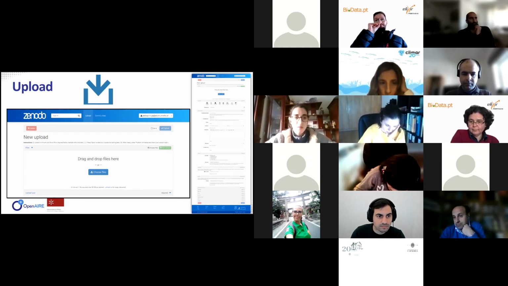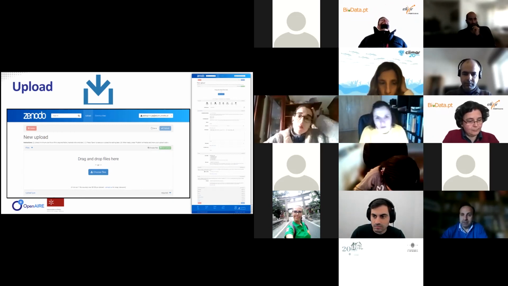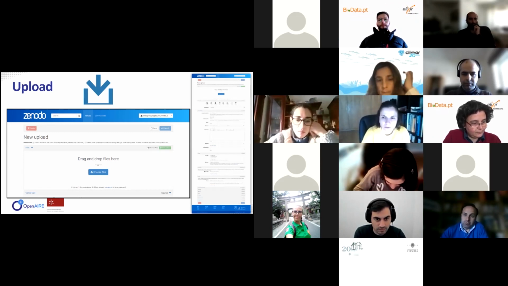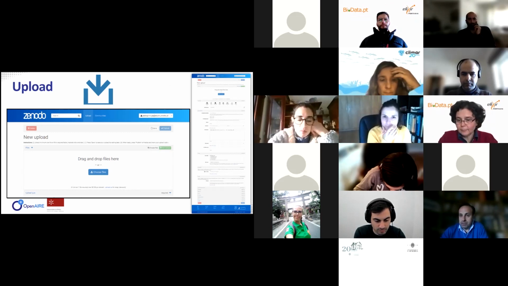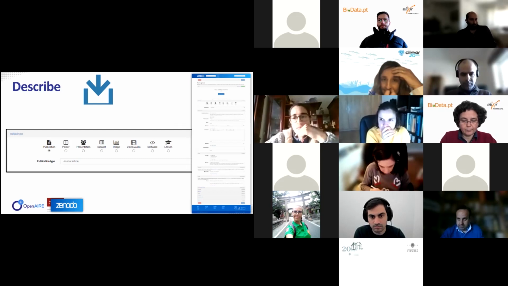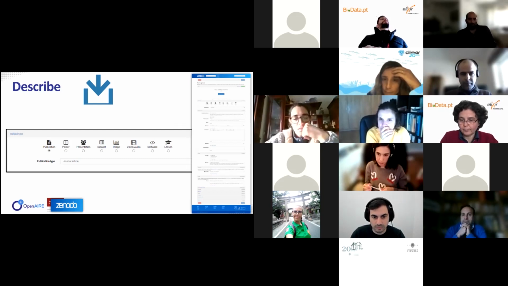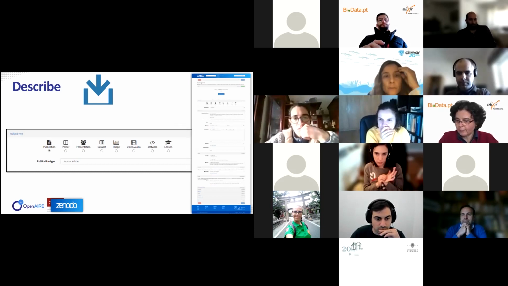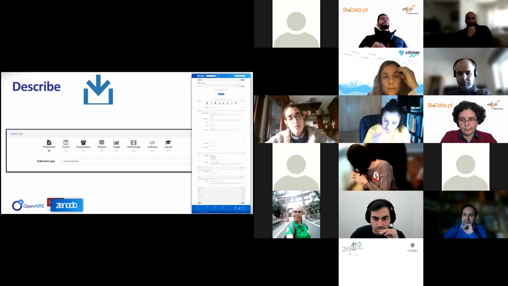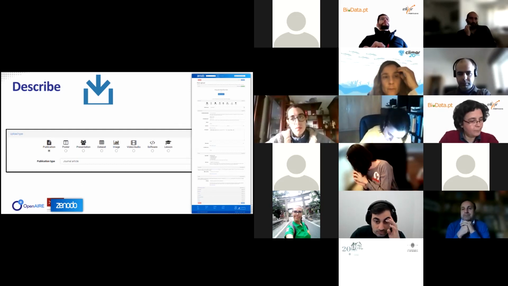Not sufficient for some, but quite sufficient for other kinds of research data that we want to publish and link to a publication, etc. Can I just say that it's true that they have this limit, but if you just write to them and explain that you need to upload more data, they will increase your quota for that particular record. So they're very responsive on that.